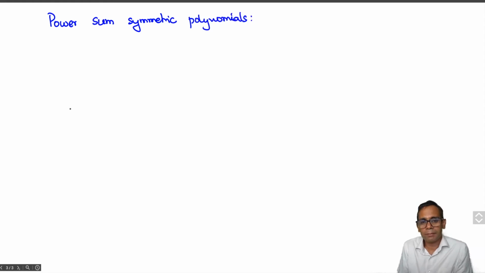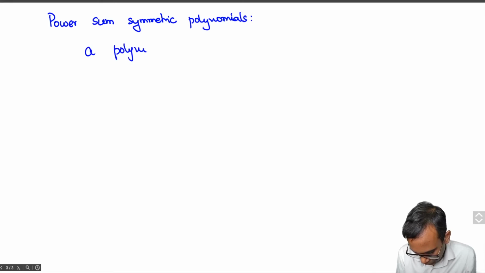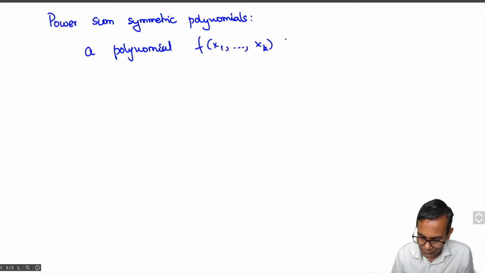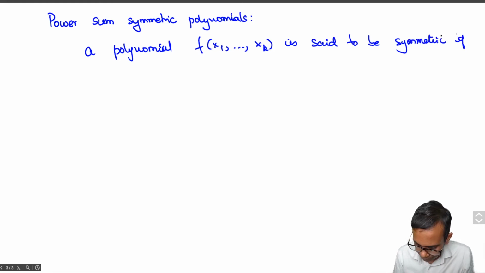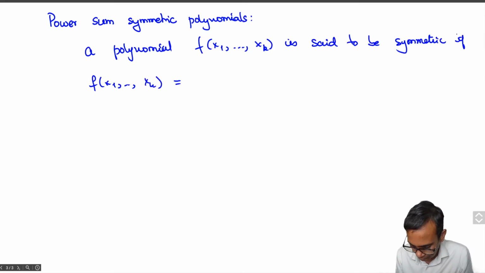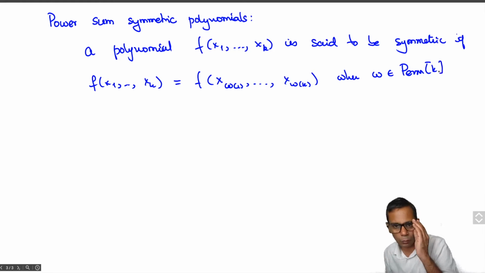So recall that a polynomial f of x1 through xk in k variables is said to be symmetric if f of x1 up to xk, rearranging the variables any way you like, is equal to f of x omega 1 through x omega k, where omega is any permutation of the set 1 to k.